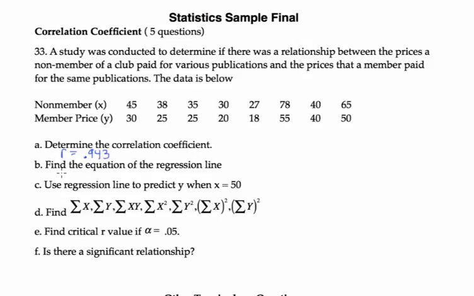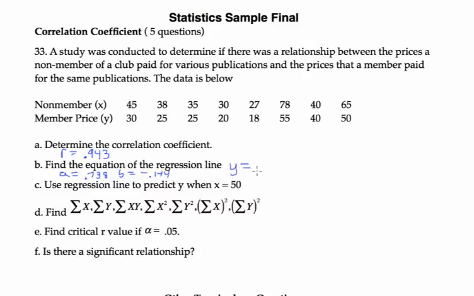Find the equation of the regression line. Again, you go to your calculator and you look for the A number and the B number. Now, this is not the equation of your line. You have to put that into your equation.